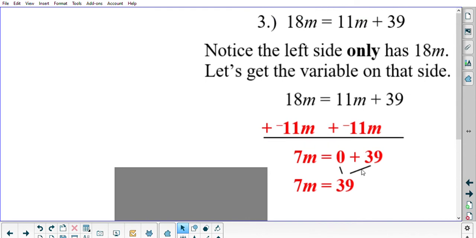So if you ever have an equation where the variable's on both sides, but one of the sides is real short, it only has the variable term, it's the quickest way of doing the problem in the end if you get the variable on that shorter side. That leaves you with less stuff to have to deal with to finish solving the problem.